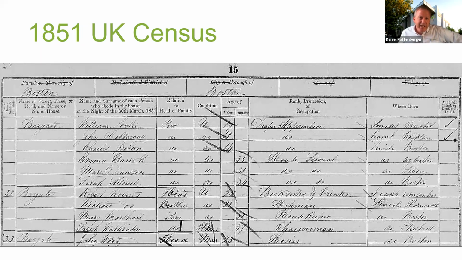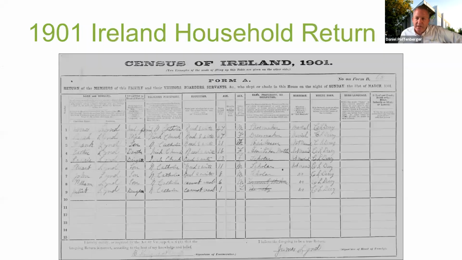And then the 1901 and 1911 censuses were a little bit different in terms of asking for more information. This is the 1901 Ireland. This is a household return. So let me take a moment to talk about how the census was taken in the United Kingdom. What the census enumerators would do is they would take around a form called a household return, of which you have an example here.